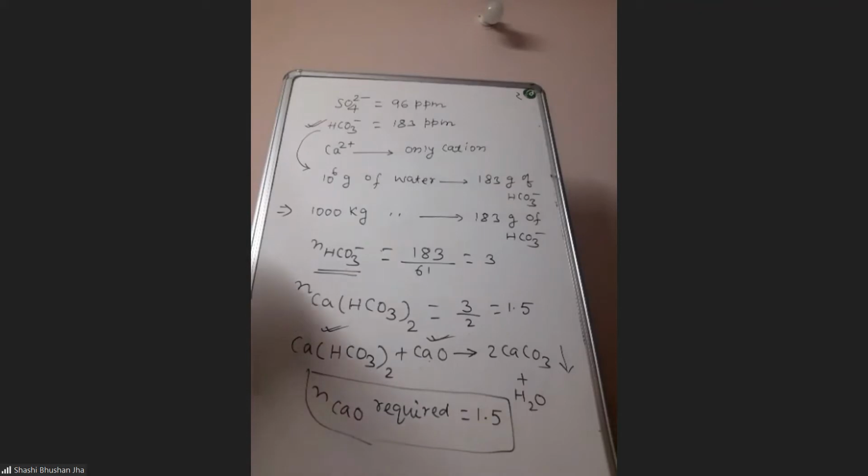Now next, they're asking if 1000 kg of this water is reacted with the amount of calcium oxide calculated above, then what will be the concentration of residual calcium ions in ppm?